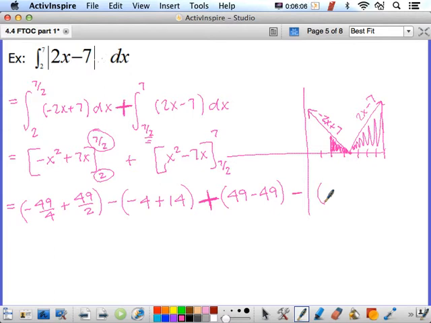Minus 49/4 minus 49/2. You have to be really careful here when you're distributing. If you want, you could just type all of that in exactly like that and see what happens. So I'll give you a minute to come up with an actual number there. I'm going to go ahead and distribute.